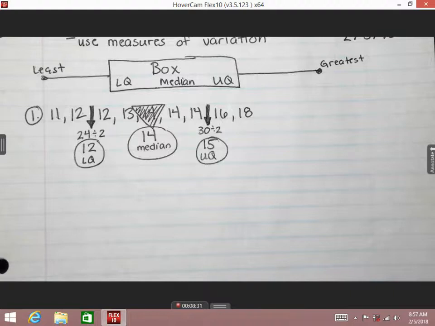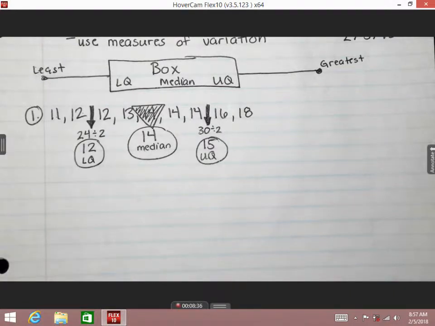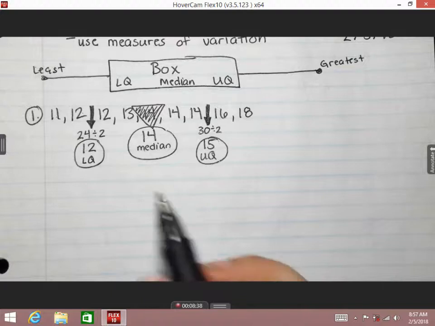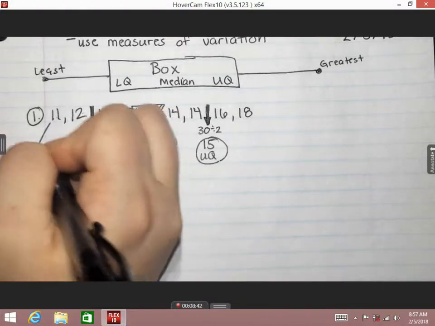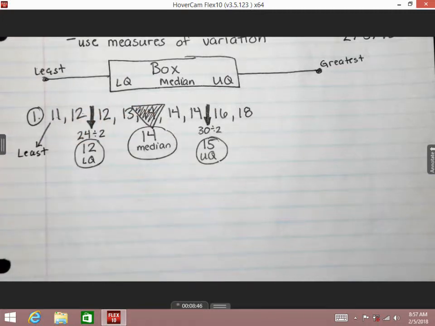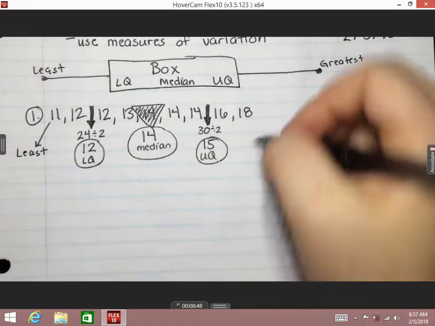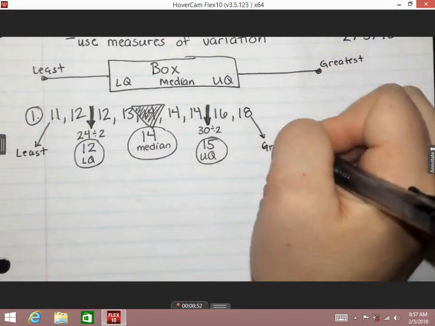All right, the other numbers we said were important were the least value. What's the least value in this number list? 11. 11 is the smallest number. So 11 is my least. What number is my greatest? 18 is my greatest.